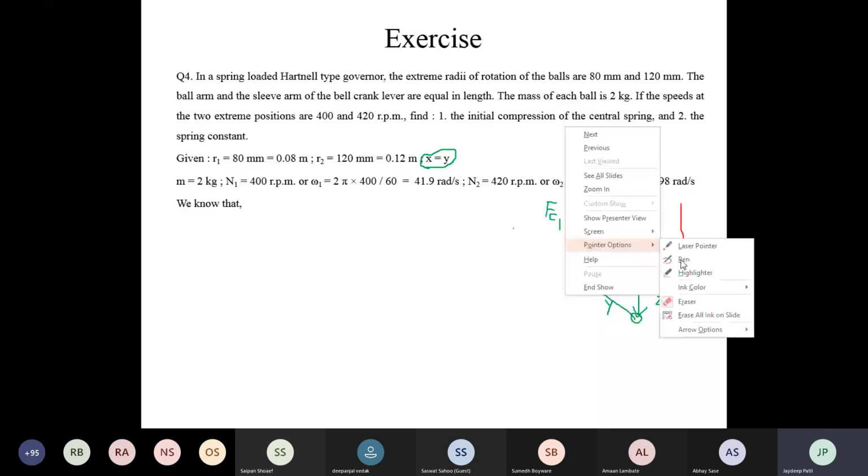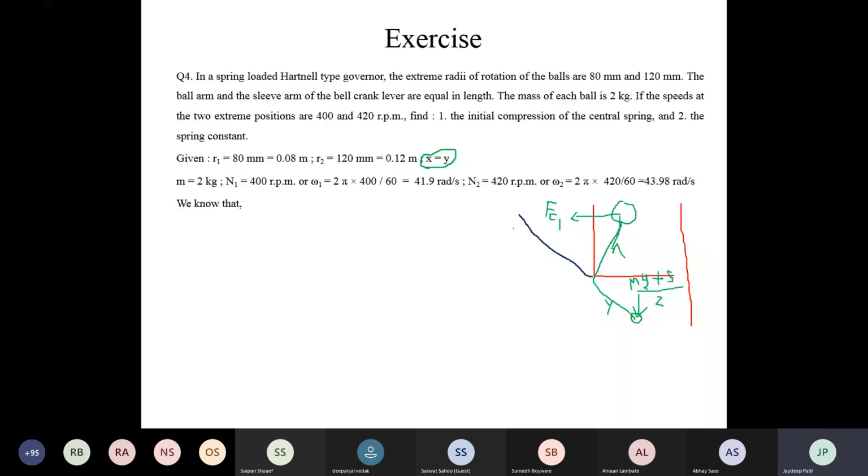Now force acting on this roller is capital mg plus S2 divided by 2, and force acting on the fly ball is centrifugal force Fc. On downward direction, weight of the fly ball, small mg, is acting. Same for the minimum radius also. And the total lift of the sleeve is h1 plus h2.